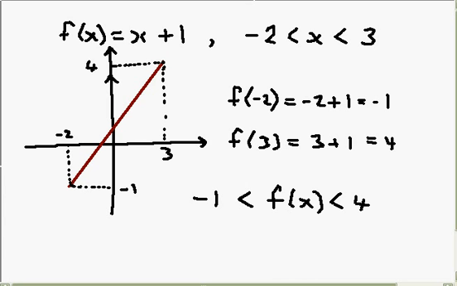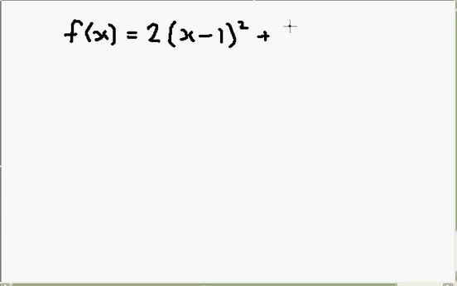So let's have a look at another example. Let's have a look at f of x is equal to 2x minus 1 squared plus 4, and I'm going to say that x belongs to the real numbers.